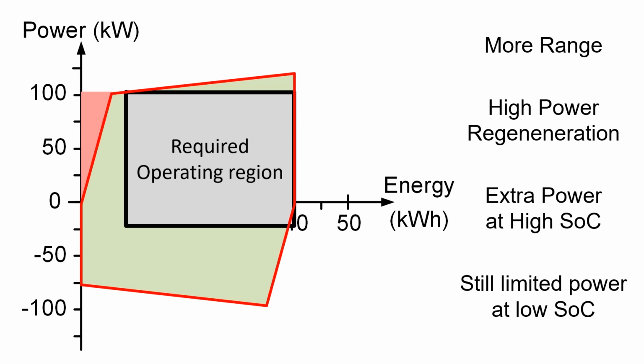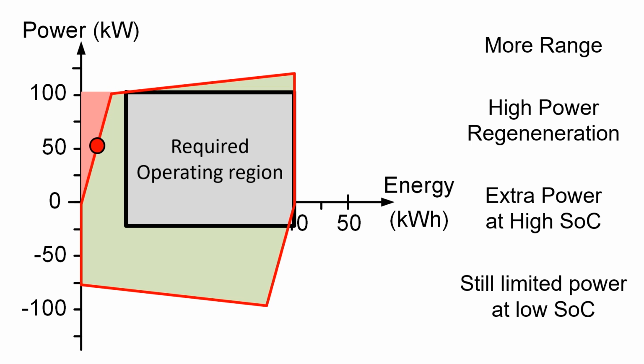Despite the bigger battery, it is still not possible to provide the required 96 kilowatt power at low state of charge, but it is first after having driven more than the required 300 kilometer that there will be a reduced vehicle performance. Most of the driving will still work exactly as normal, but in the most power-demanding situations, the performance will be reduced.